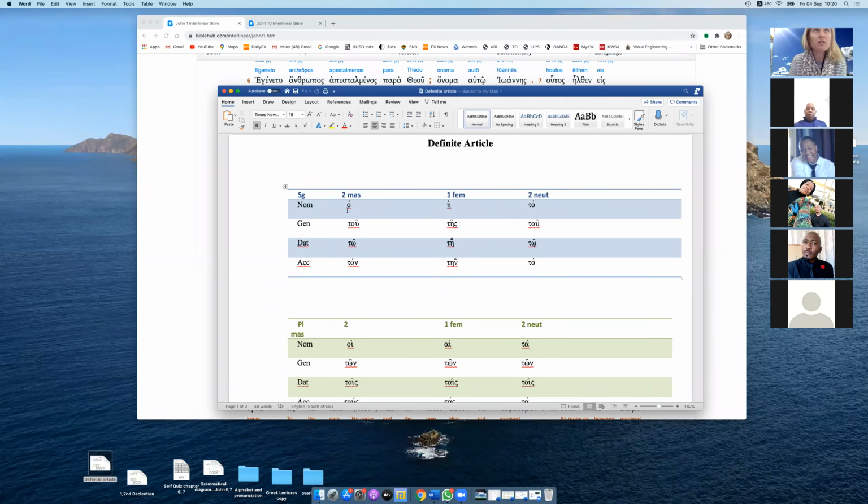It's all singular here. And accusative, we have: to the word, ton logon, ten agapen, and to arton. That's how we change it according to what we want to say.